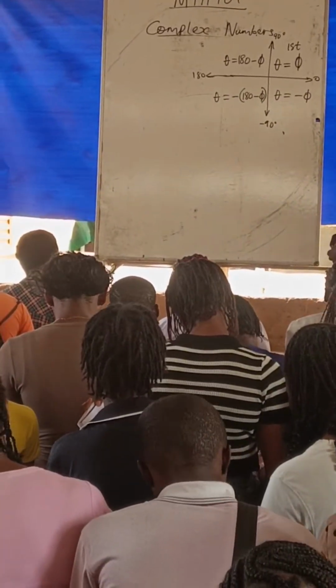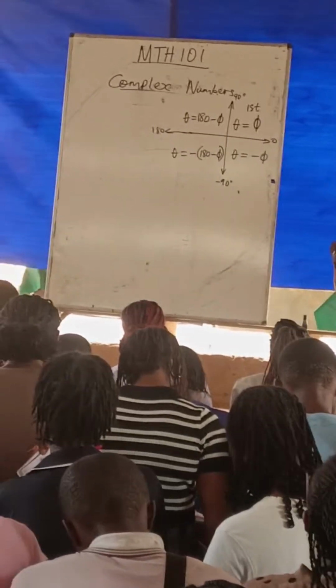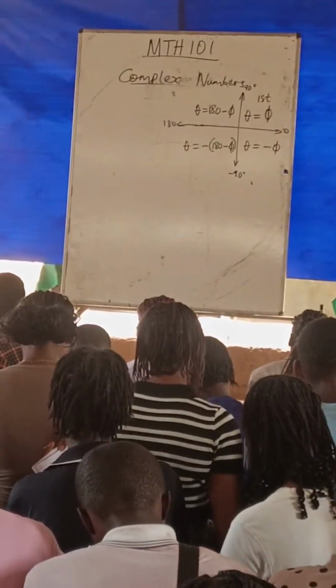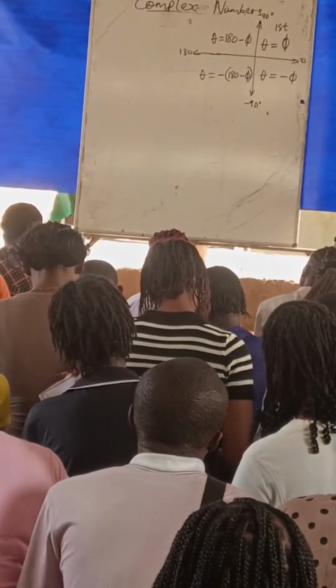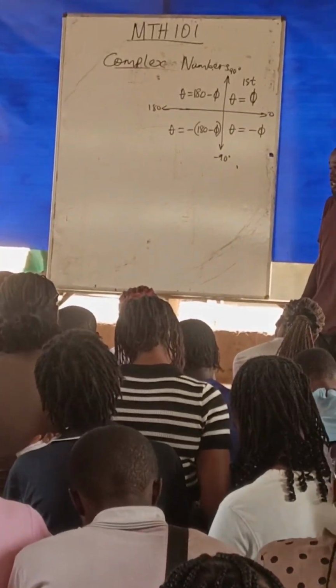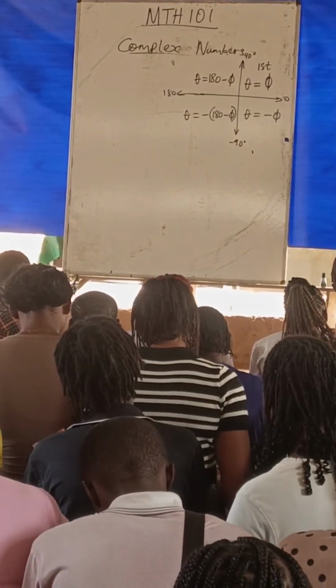I'll explain how you can memorize it. It's very simple. But once you have this diagram, it will be very easy for you to find principal arguments, because principal argument is not always very direct. Theta is the principal argument itself, the main person you are looking for.